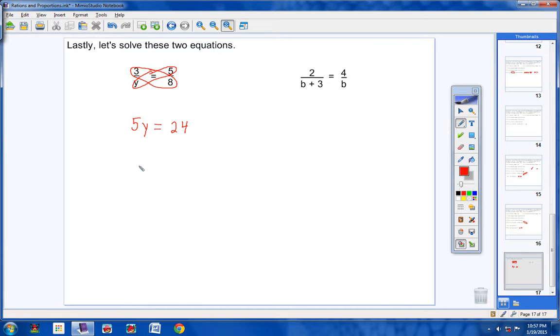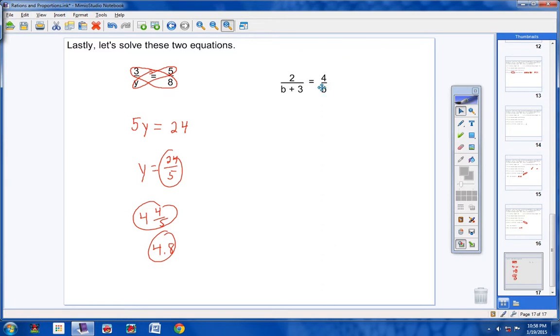Now divide both sides by 5, and your answer is 24 fifths. Okay, that is your answer. Or you can write it like this if you want to. 4 and 4 fifths. Or you could write 4.8. Any of these answers are acceptable. Okay? Now let's try this other one over here.